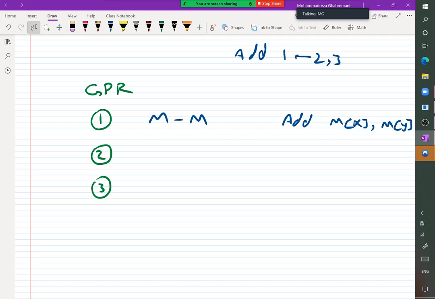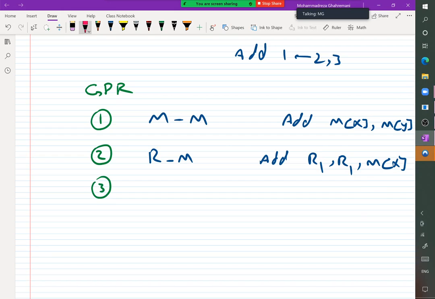The second one is register memory. In register memory, at least one operand has to be in a register. For example, add memory address X with register R1 and store the result in register R1.